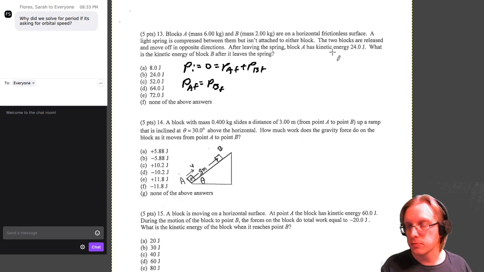We're told we have kinetic energy this much here. We can't assume that it's that much in the other one, but we do know that momentum has been conserved.